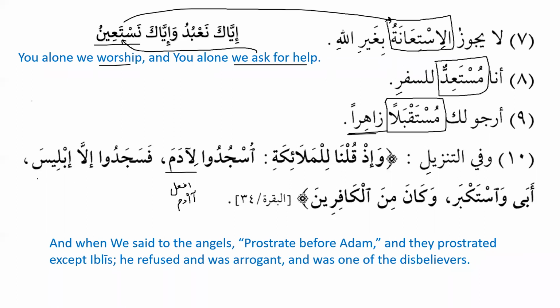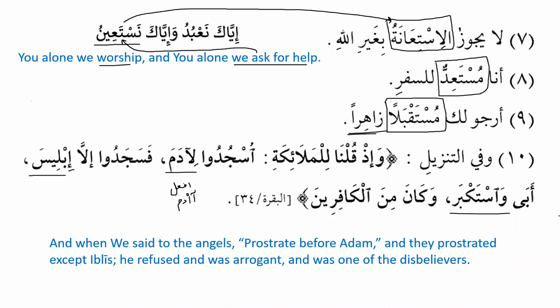Fasajadu illa iblis. Iblis is also mamnu min as-sarf, and this is also the real or original name of shaitan. Illa iblis aba wastakbara. What did he do? He refused and he was arrogant. Istakbara. So what kind of verb form is this?